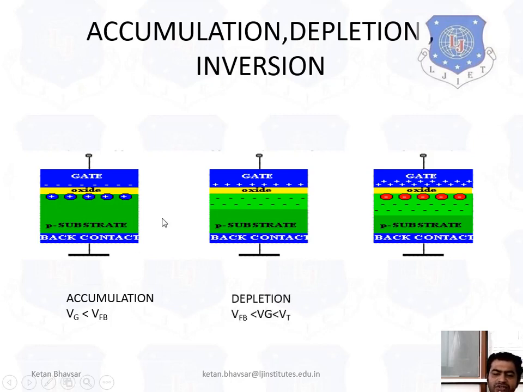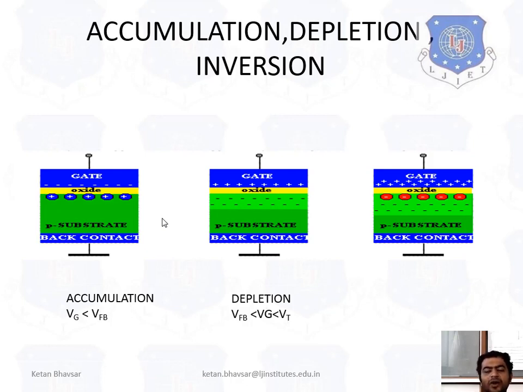Now in the next situation, we increase the gate voltage but it is still below the threshold voltage, so what exactly happens? No connection is established, because you cannot go beyond the threshold voltage, so the channel will not form.